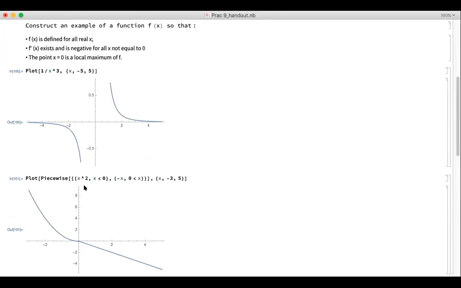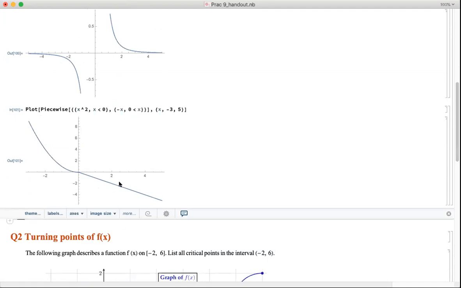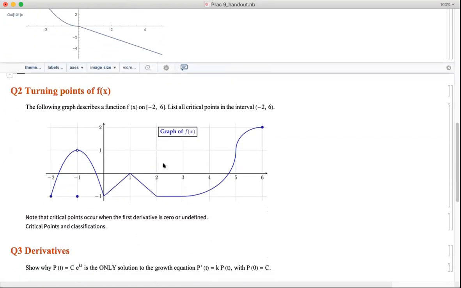This is a good start. Okay, you can play around with other functions like this, but these two don't really satisfy the condition. Okay, I'll give you time to think about this, and then let's move on to question 2.